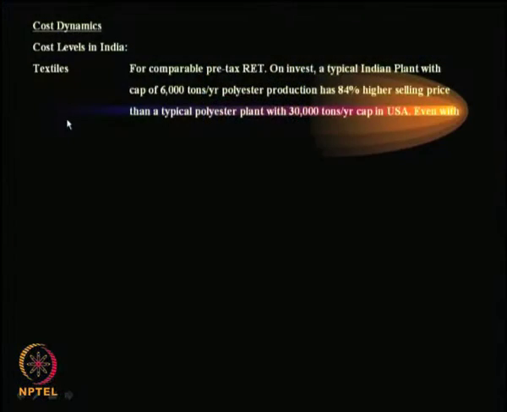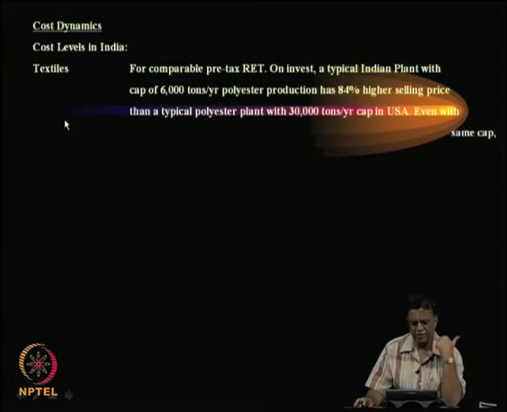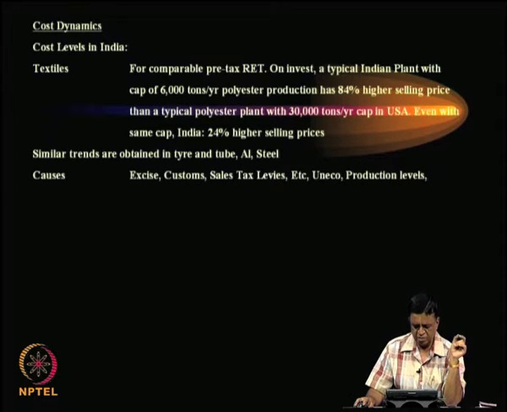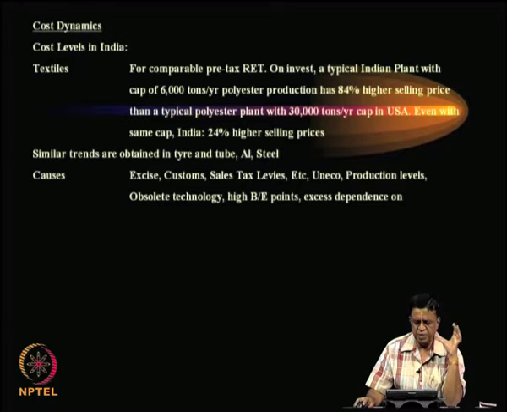What I have tried to bring out to you is a very simple example. I have taken it from textiles. What can be mentioned with respect to the cost levels in India for this segment, textiles?